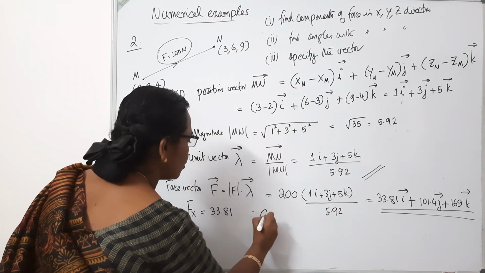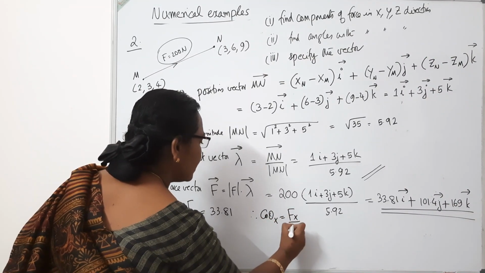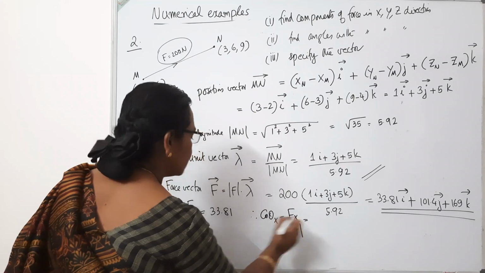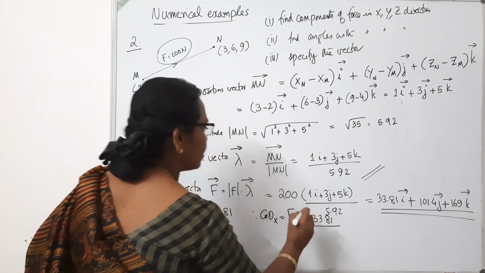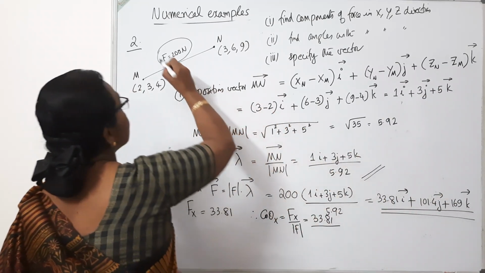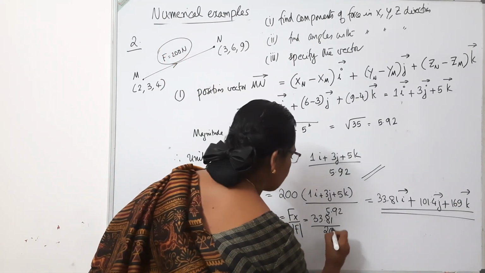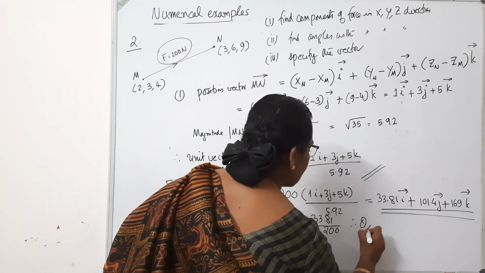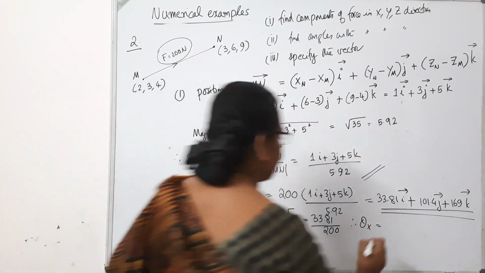Therefore, we can write cos theta x is equal to Fx by F. So 33.81 divided by F. F is the square root of 33.81 square plus the rest, which works out to 200. The magnitude of F is 200. 33.81 by 200. From that you get theta x. Theta x works out to 80.27.